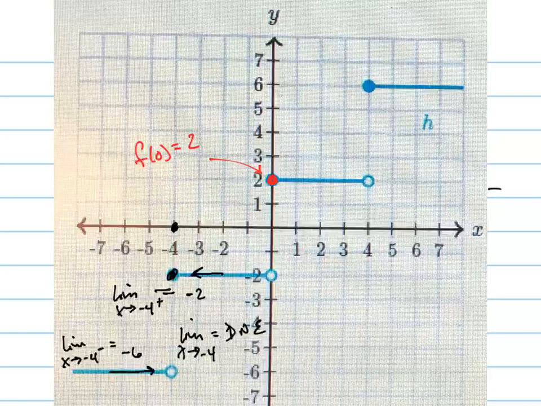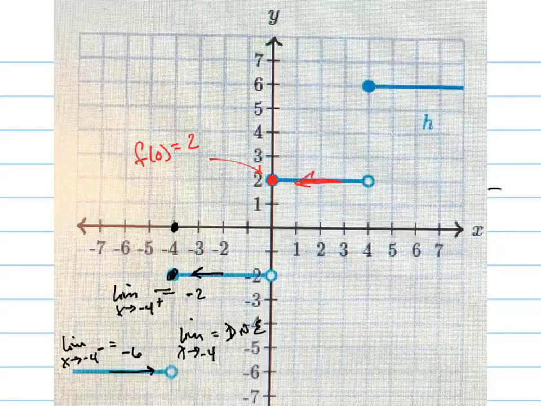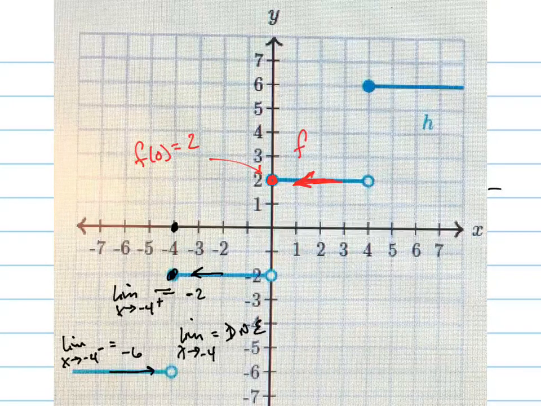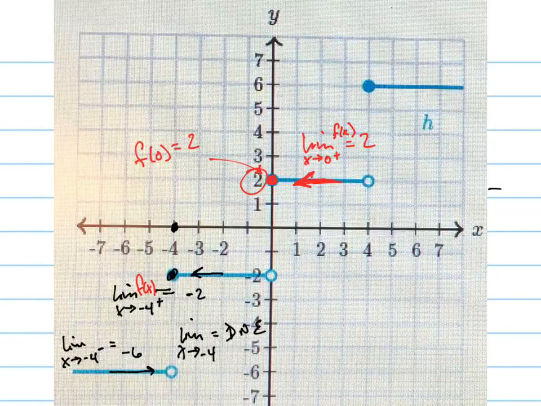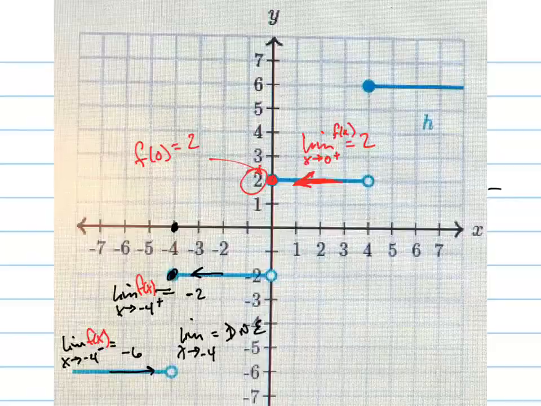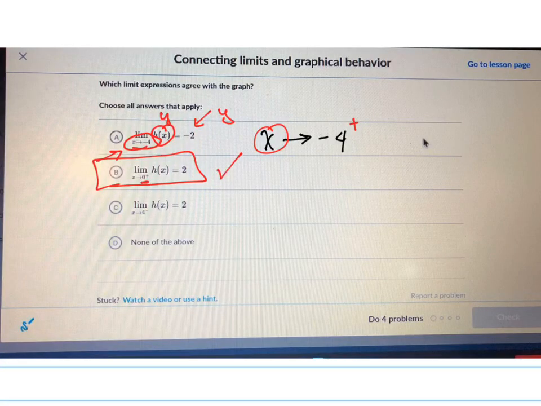So go to the right of it, and go toward it. What's the limit as x goes to 0 from the right? It's that value. It's 2. I should have put f of x in here, by the way. So this is correct.